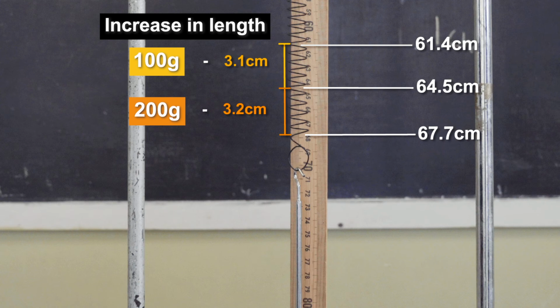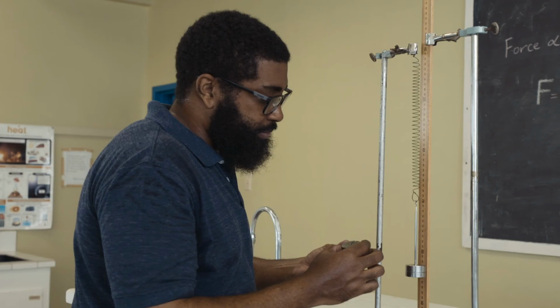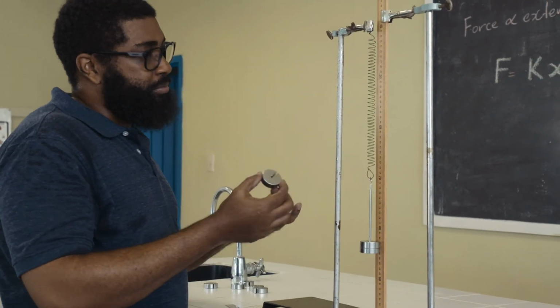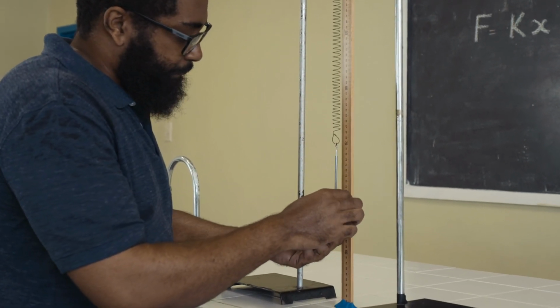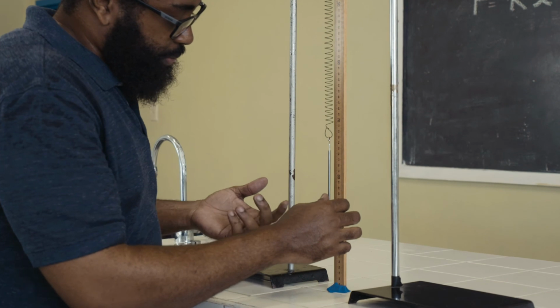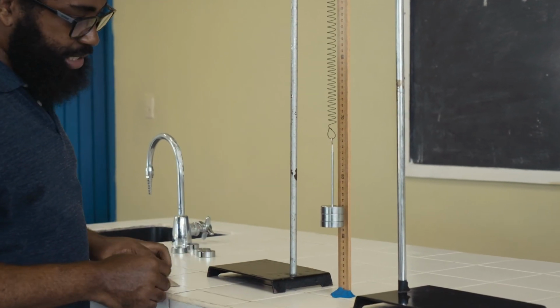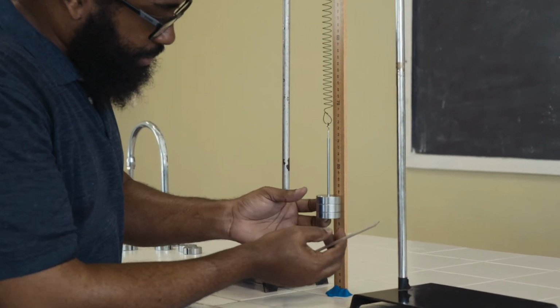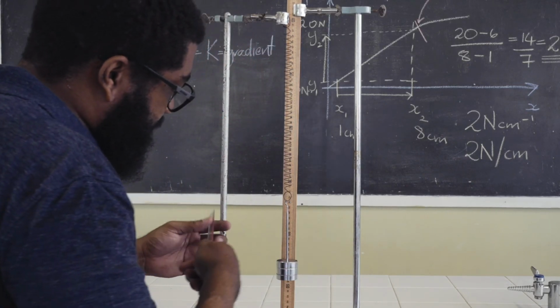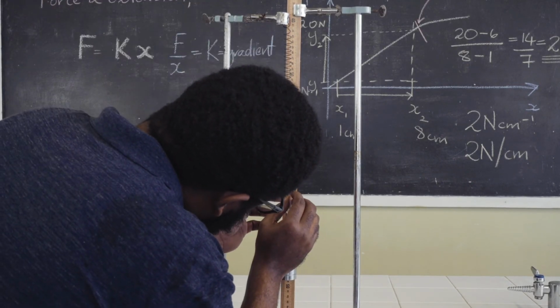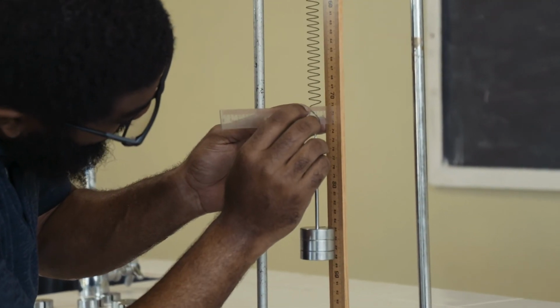And now we just add our final mass. I say final mass because you just need, at minimum, 3 data points, and we might be running out of real estate. So adding another mass, and again ensuring that we keep it from oscillating up or down, we measure where we now are.